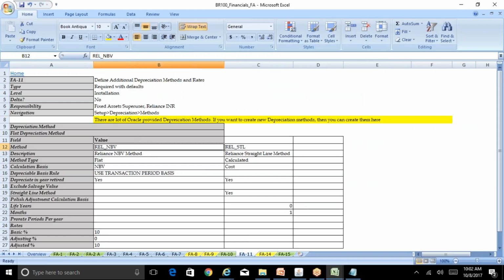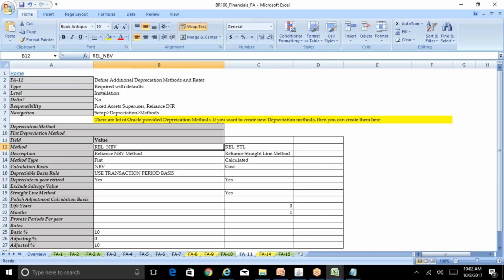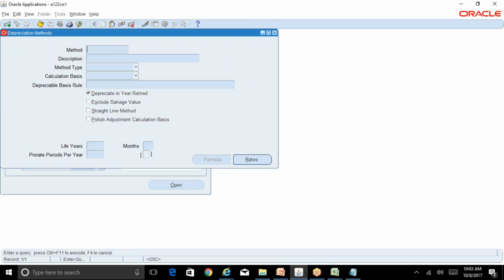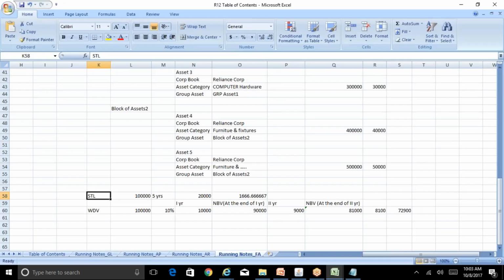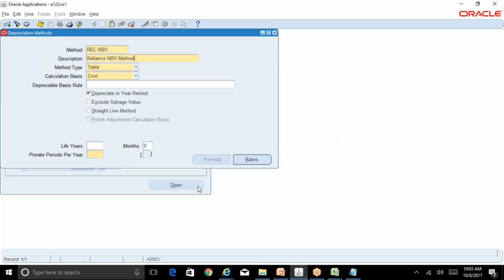So first we'll create this REL_NBV. Did I create it or not? Okay, maybe I did not create it. You can create that. Description is Reliance NBV method or return on value method.